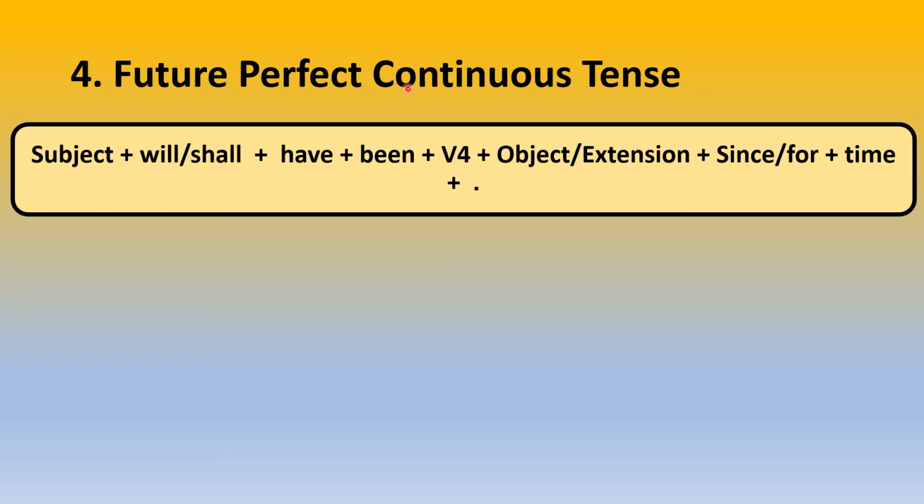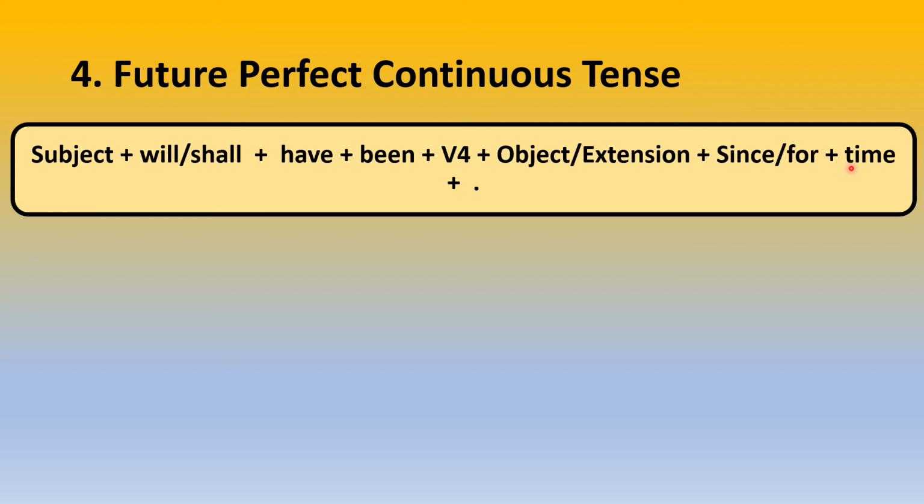So in order to talk about the progress in future, we will use ing form of verb that we always use in continuous tenses. And after that, object or extension is written, and we write since or for in order to show time.